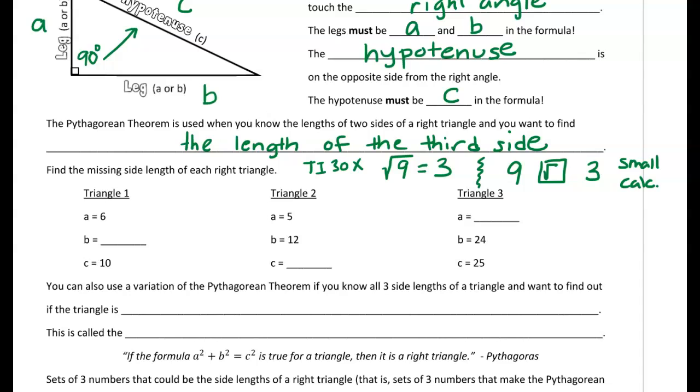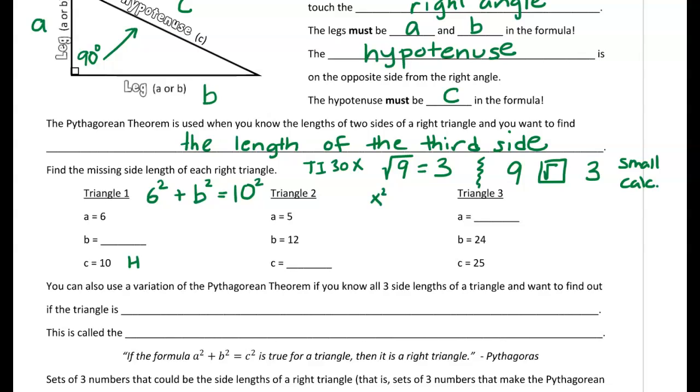Okay, so here's how we would do it. Let's say we have triangle 1, A, B, and C. We're trying to find B. And C, we know, is always the hypotenuse. So when we set up the equation, we're going to say that A squared, so 6 squared, plus B squared equals 10 squared for C. So let's go ahead, and again, we're going to use that squared button.